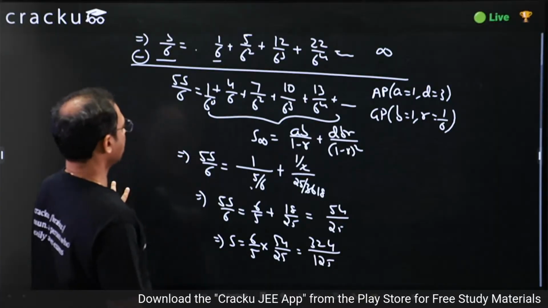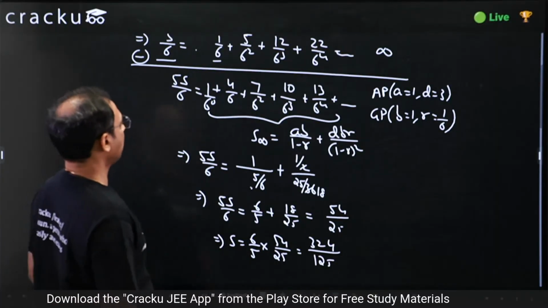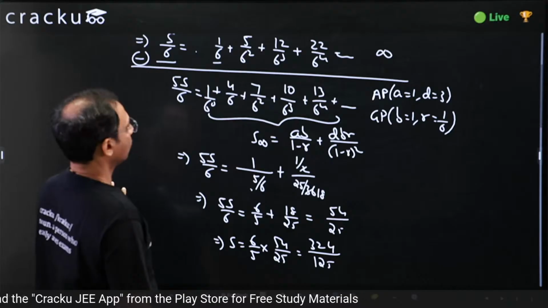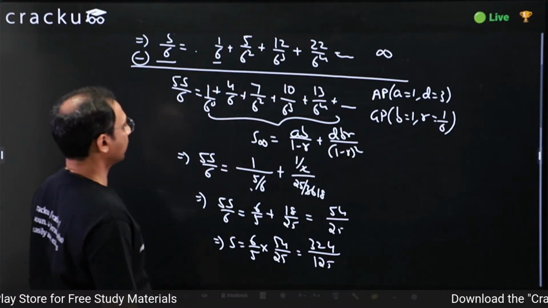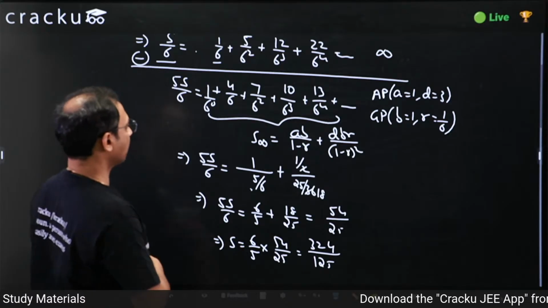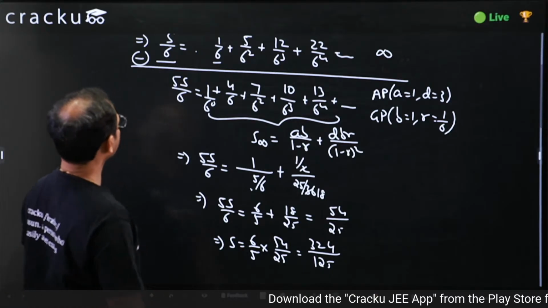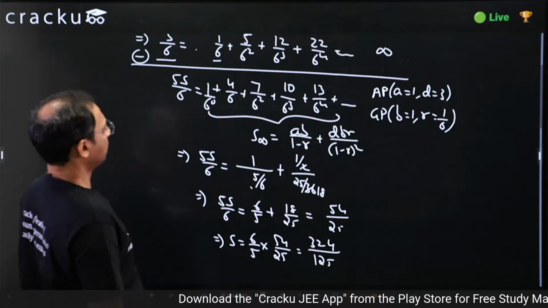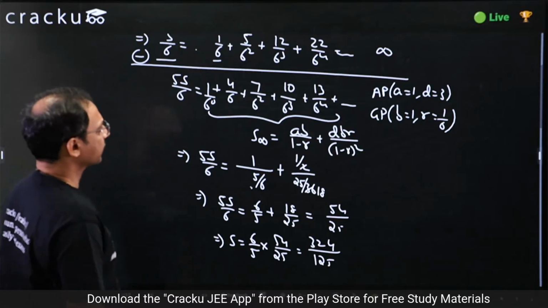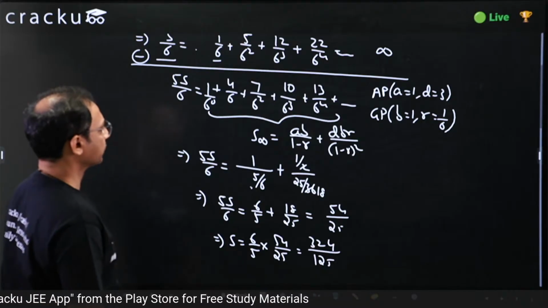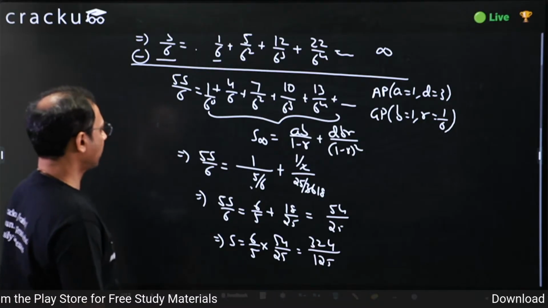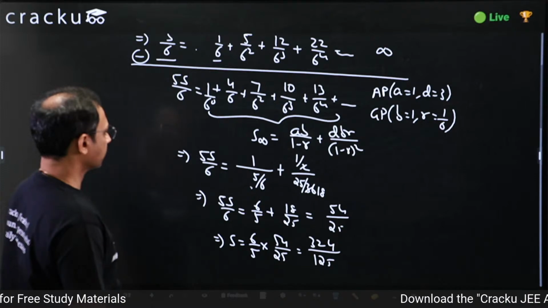Again, there is a mistake. What is the mistake? AB, common difference is 3. 1 by 6, everything is correct. AB by 1 minus R is 1 by 1 minus 1 by 6, 5 by 6. DBR, that's also correct. Half by 5 by 6 whole square is 25 by 36, correct.